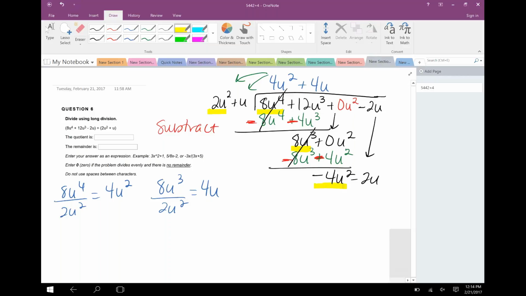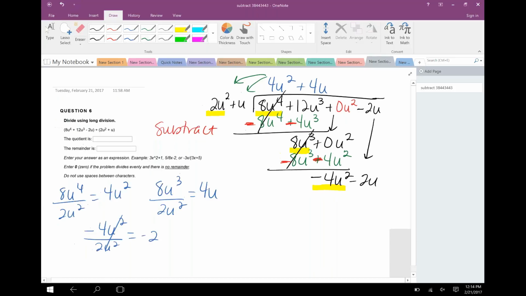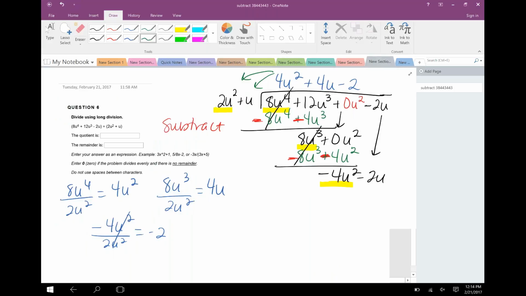So negative 4u squared divided by 2u squared. Negative 4u squared divided by 2u squared is going to be negative 2, and the u squareds cancel. Then I'm going to multiply. Negative 2 times 2u squared is negative 4u squared, and then negative 2 times u is negative 2u.